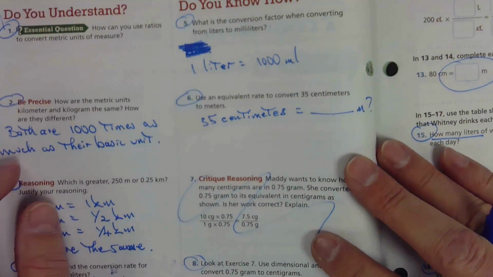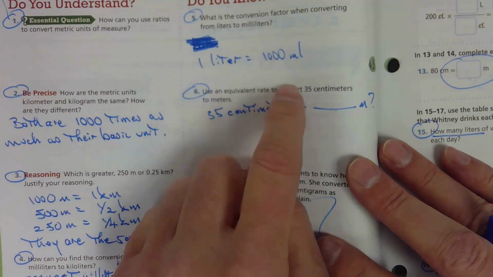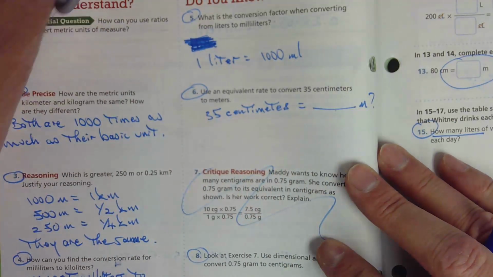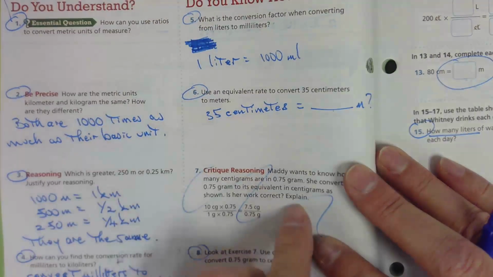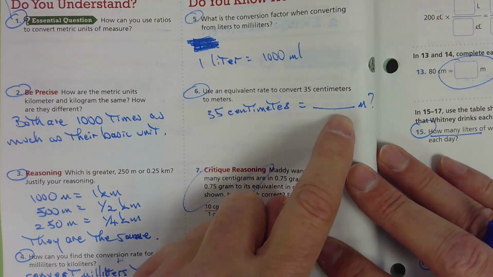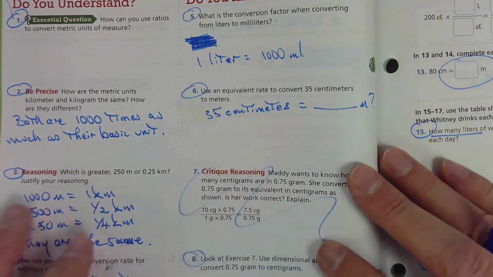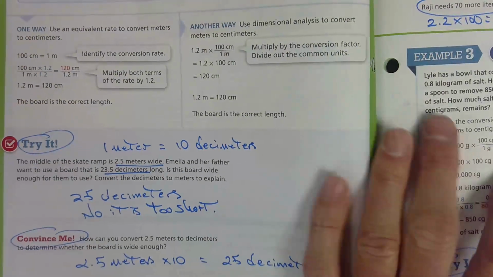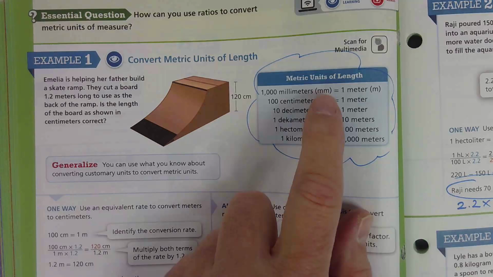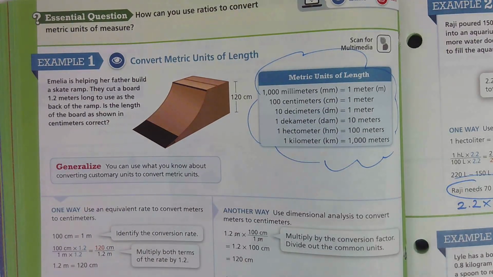Number 6, I want you to answer that one. Use an equivalent rate to convert 35 centimeters to meters. Well, it would help to know how many centimeters are in 1 meter. And if we're talking about length, it's on page 322. This is what we want. Chart right there.